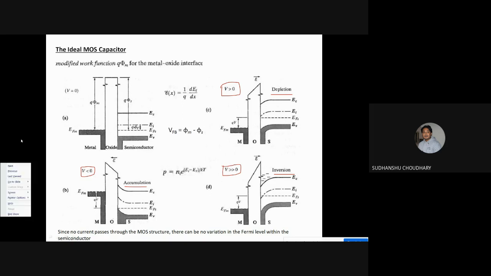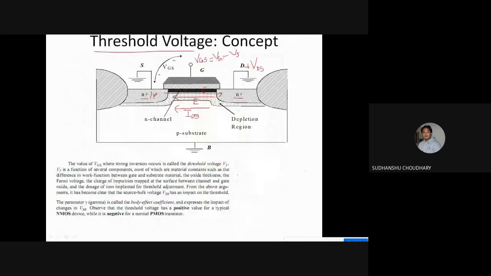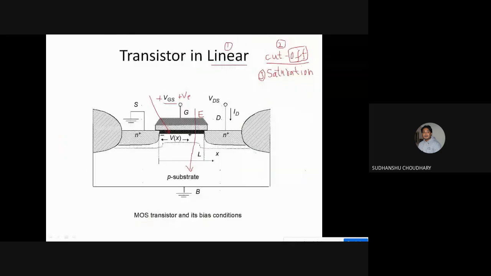The same applies in the MOSFET: you have accumulation, depletion, and inversion depending upon what kind of bias you apply at the gate. A channel is formed because of inversion.